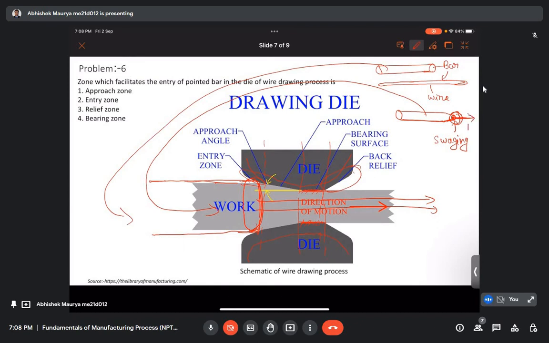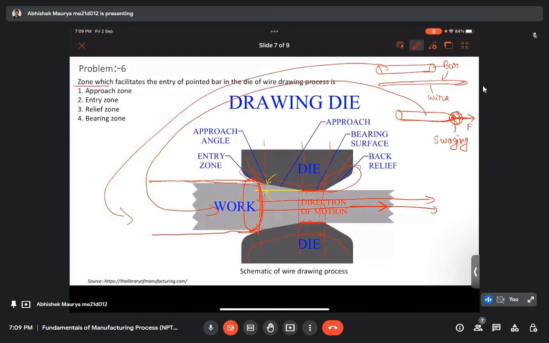Since it has come inside the die, it has been accommodated in the initial part of the die in a very good manner. Now if we pull it, we can easily go for the wire drawing process, and the material will flow very uniformly, and we will be able to get the wire.